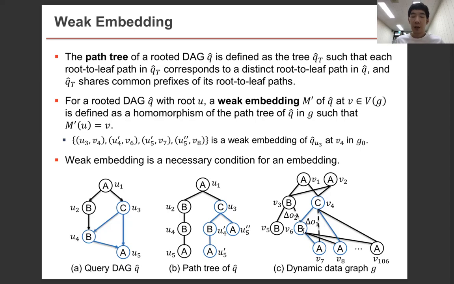The subgraph in G indicated by the blue line is an example of a weak embedding of the sub-DAG of Q with U3 as root. The point that I would like to focus on is that the weak embedding is a necessary condition for an embedding. Therefore, we can use weak embeddings for filtering.